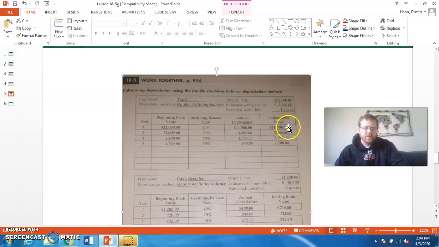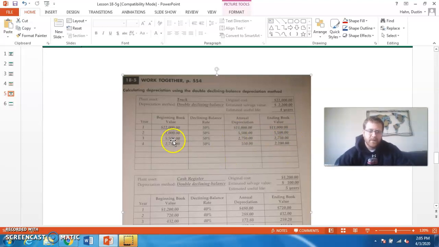Bring that $11,000 from the end of year 1 to start the beginning of year 2. Depreciate it by 50% again. So $11,000 divided by 2, essentially, because that's 50%, is $5,500. Take $11,000 minus $5,500. This is your ending book value for year 2, which is your $5,500.